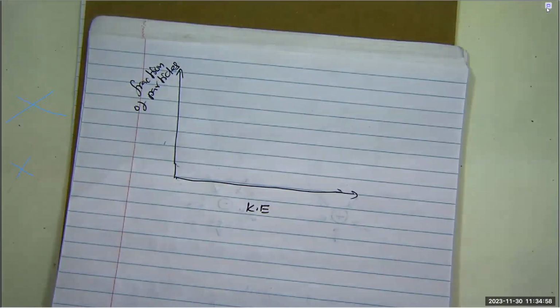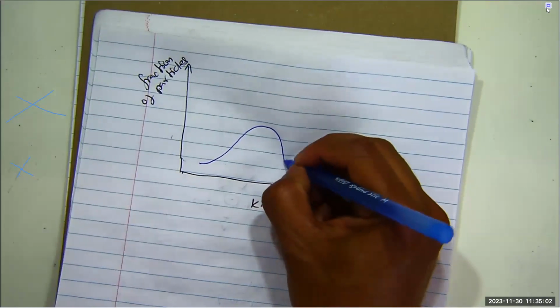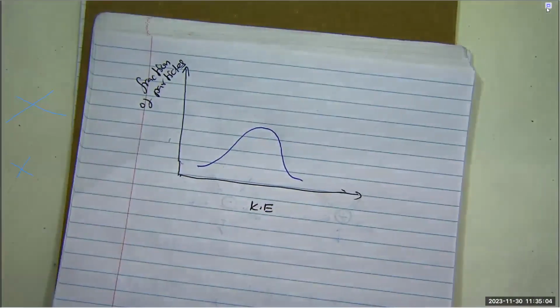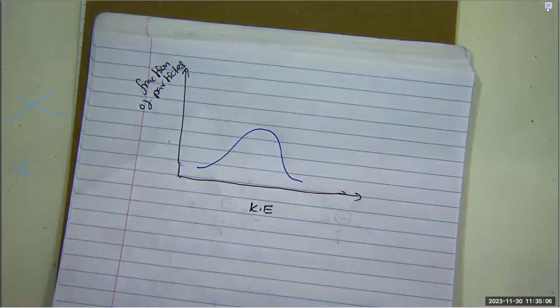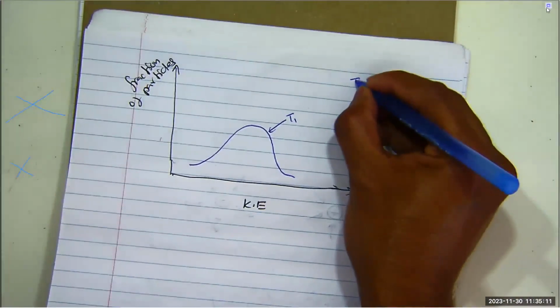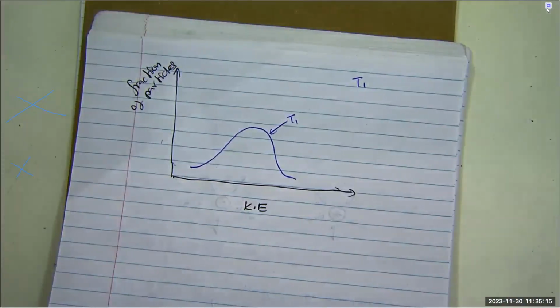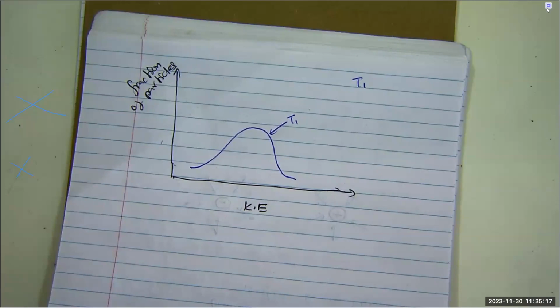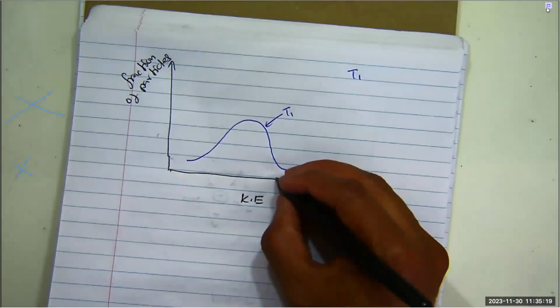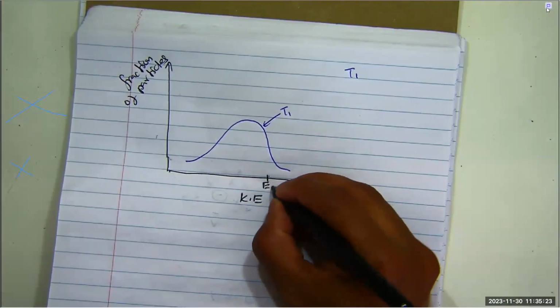At a given temperature, we're going to have a distribution of kinetic energies, something like that. Let's say that this is my T1. Before I increase the temperature, let's say the activation energy of the reaction is this much.